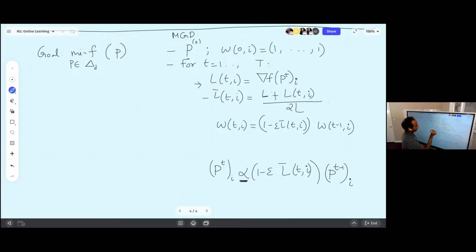And I'm basically done now, as I write down the ith coordinate of my current iterate as something proportional to these weights. It's exactly what you get by normalizing these weights.